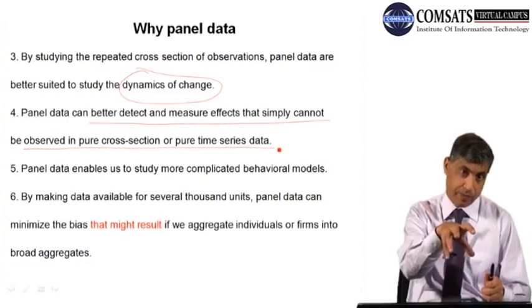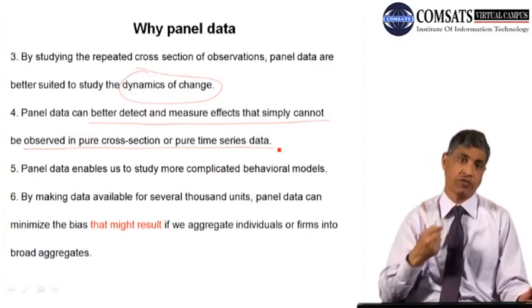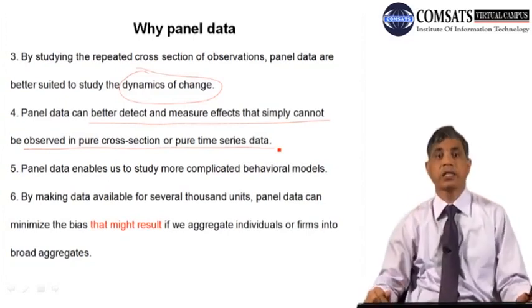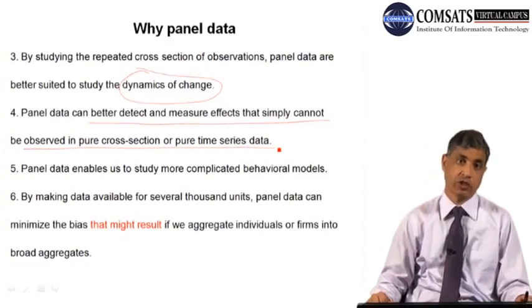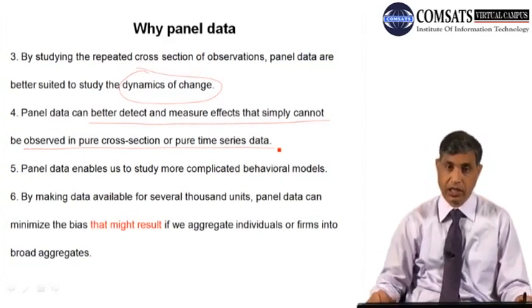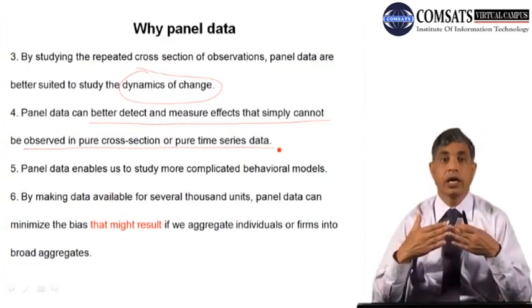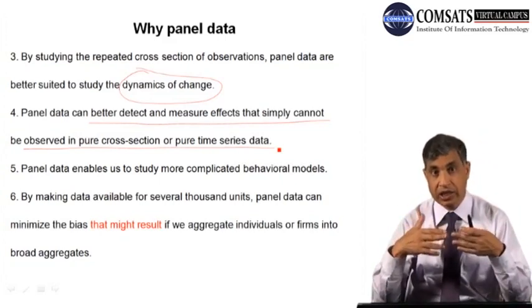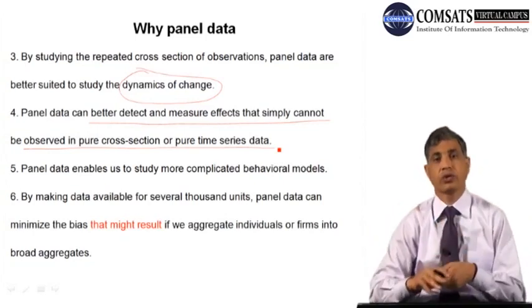It means it can bring some hidden things out. It brings out information that is impossible for only cross-sectional data or separately time series data. So this is a powerful tool, and it can even detect the variation that is not possible if you are using only time series or only cross-sectional data.